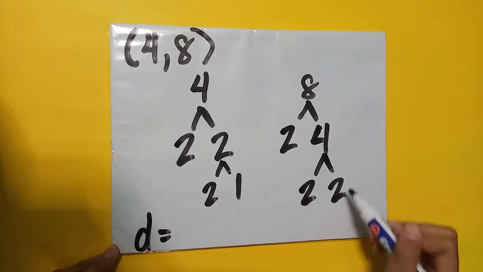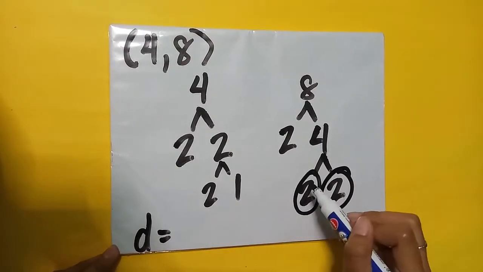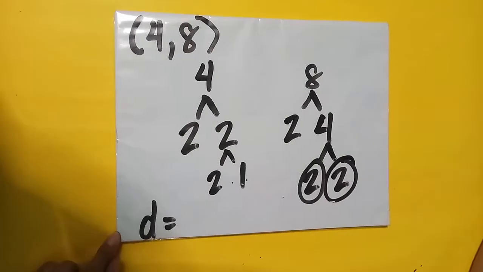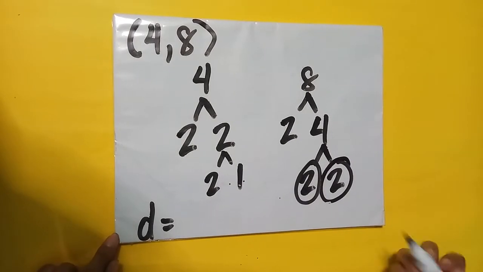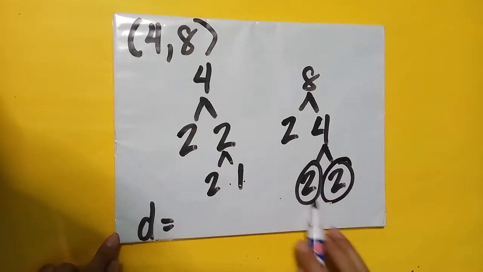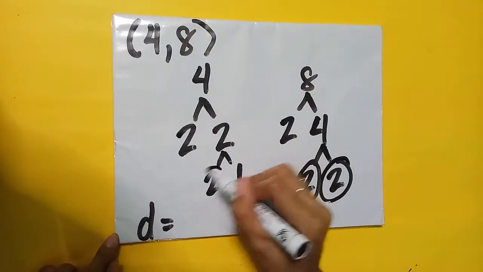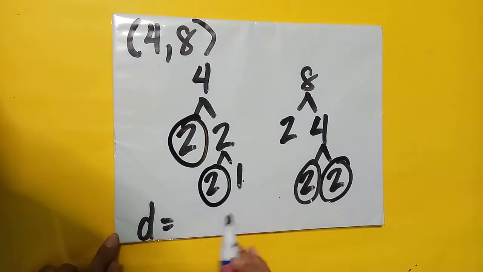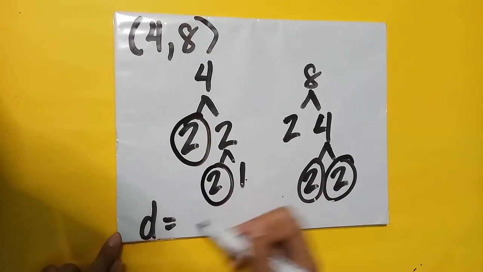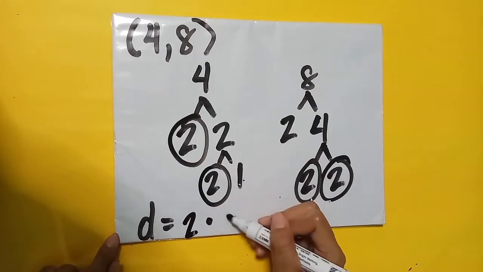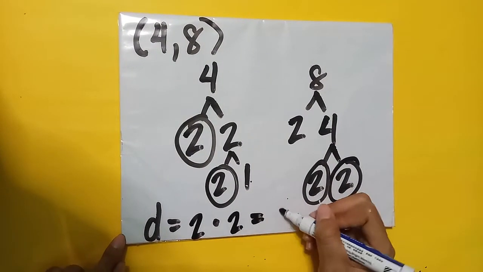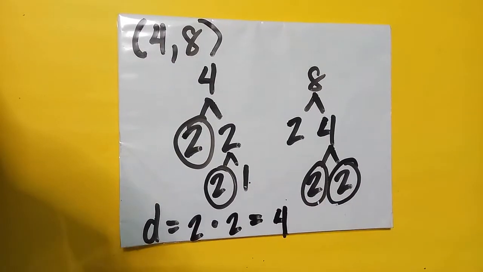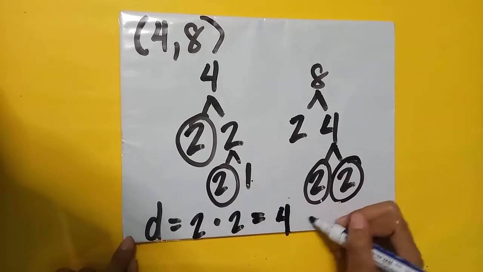They have common factors. We will get the common prime factors of the two numbers, which are 2 and 2 here in 8 and 2 and 2 here in 4. Then we multiply the common factors, 2 times 2, which is 4. So that would be our GCD.